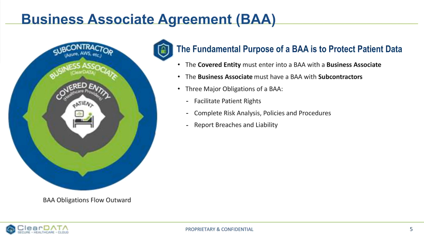So some of these rights are enabled by ensuring that a risk analysis is completed, policies and procedures are complete. We're trying to really protect the data and safeguard that data, as well as to outline some of the breach reporting requirements in the event of a security incident that involves a data breach.